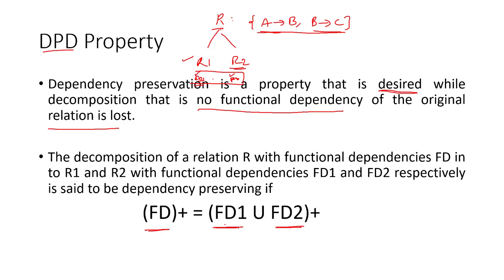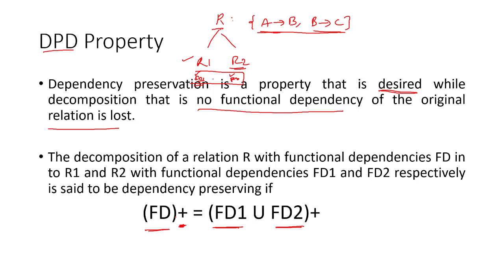The union of these two must be equivalent to the functional dependencies derived from R. And you observe the plus symbol here; this is the closure. Basically you have to calculate the closure of these functional dependencies. So that is the basic idea.